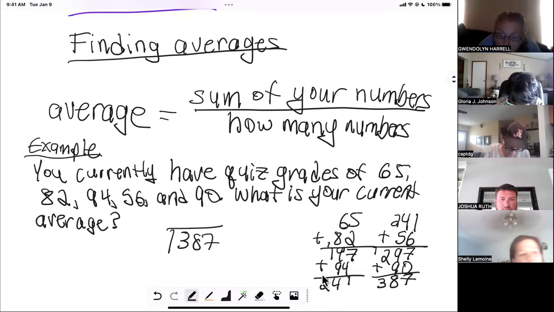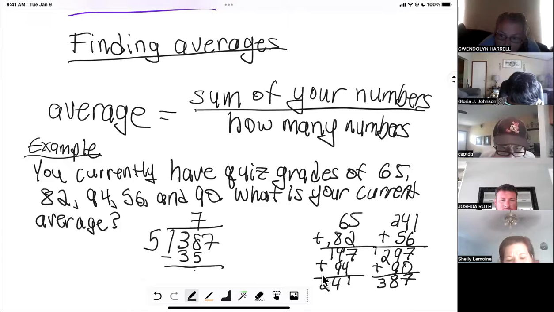divided by how many numbers were there? 1, 2, 3, 4, 5. So we can't divide 5 into 3, but we can divide 5 into 38. We know 6 times 5 is 30, and 7 times 5 is 35. Subtract. 8 minus 5 is 3. Bring down the 7.